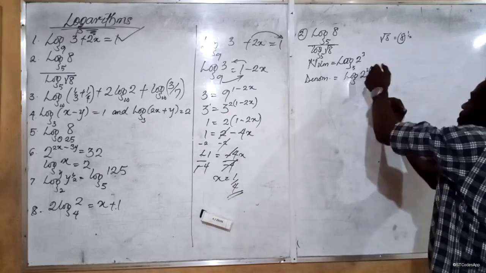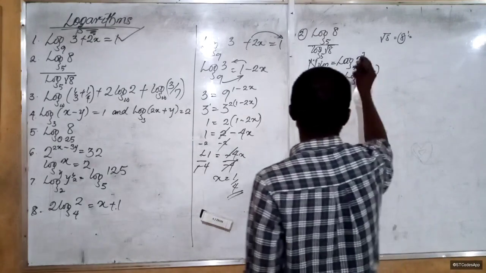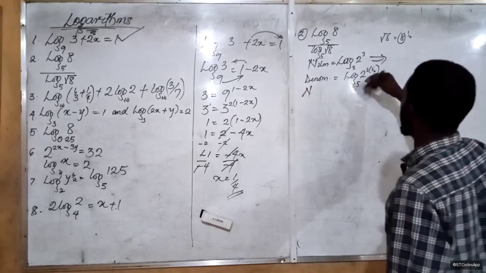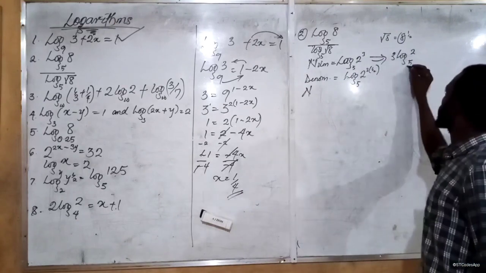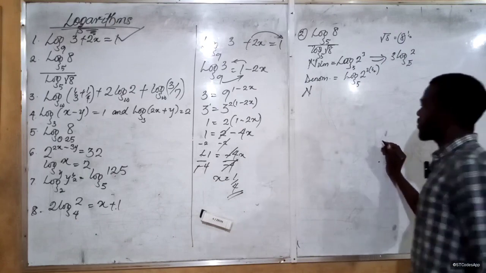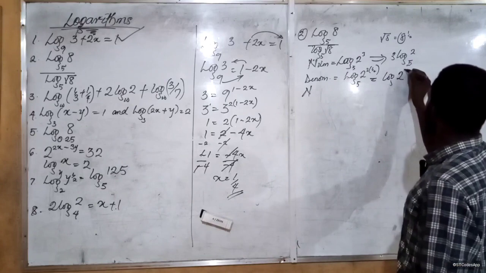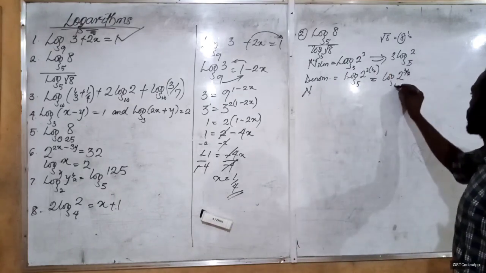So, to the base of 5 still, the numerator will further become 3 log 2 base 5. And the denominator will become log 2 raised to the power 3 times half, which is 3 over 2, to base 5.